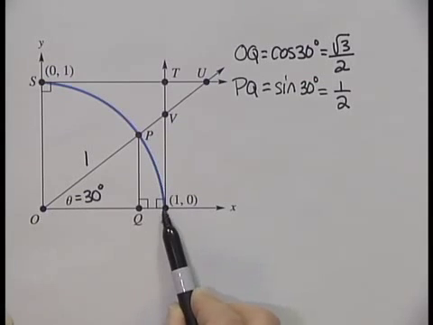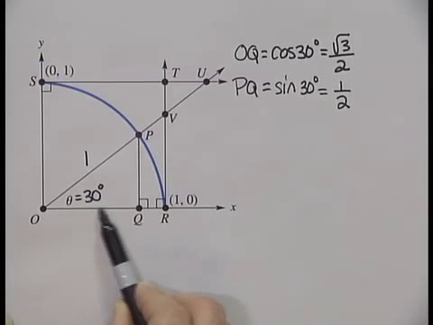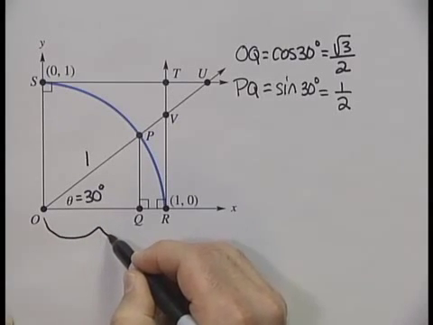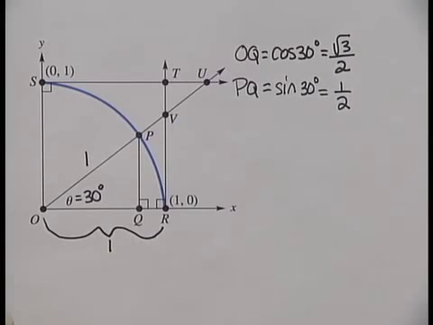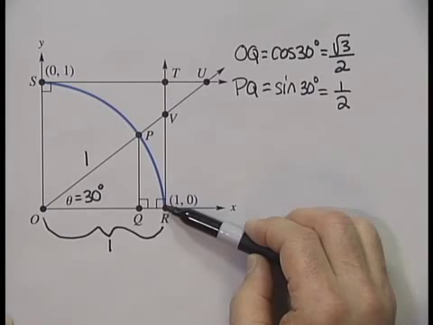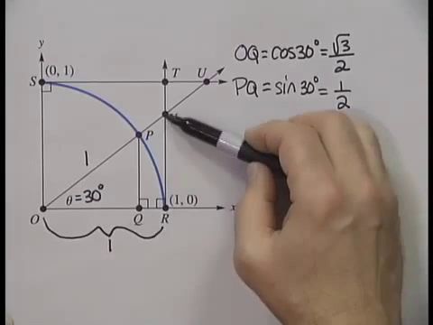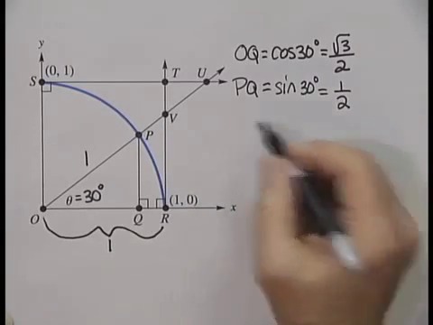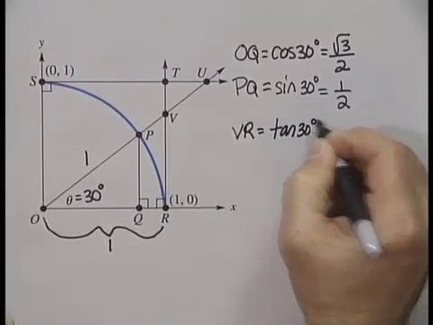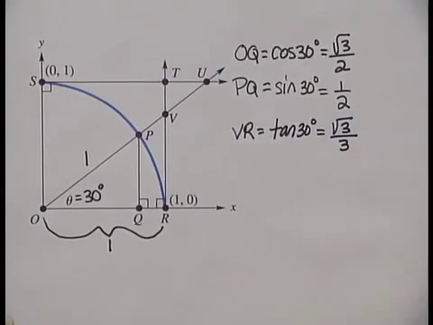We know the point R lands at (1, 0), which means the length of OR is equal to 1. So therefore, VR is simply going to be equal to the tangent of 30 degrees because the side opposite divided by 1 is just the side opposite. So VR is equal to the tangent of 30 degrees. Again, an angle whose tangent we are to memorize, square root of 3 divided by 3.